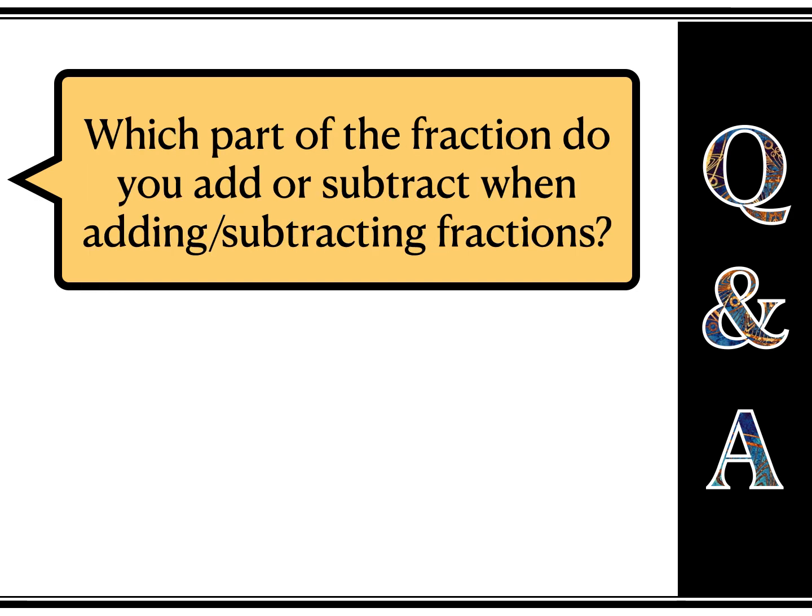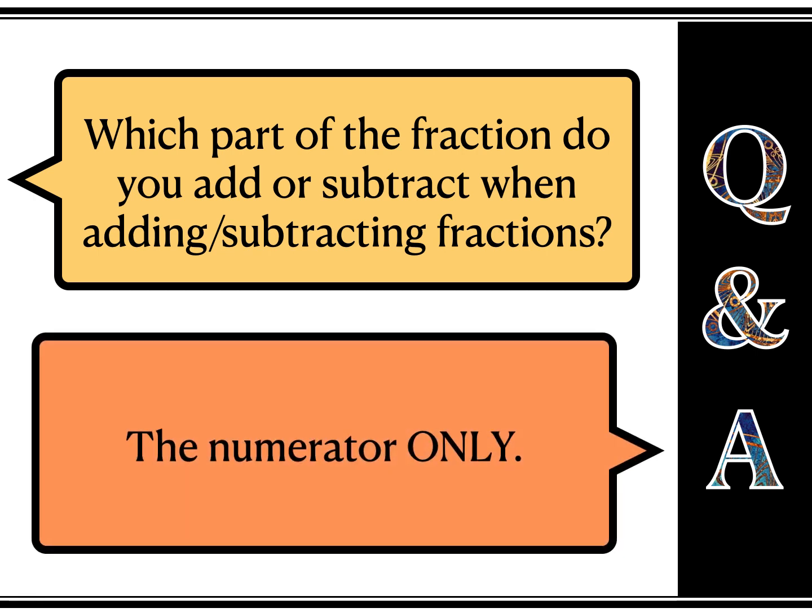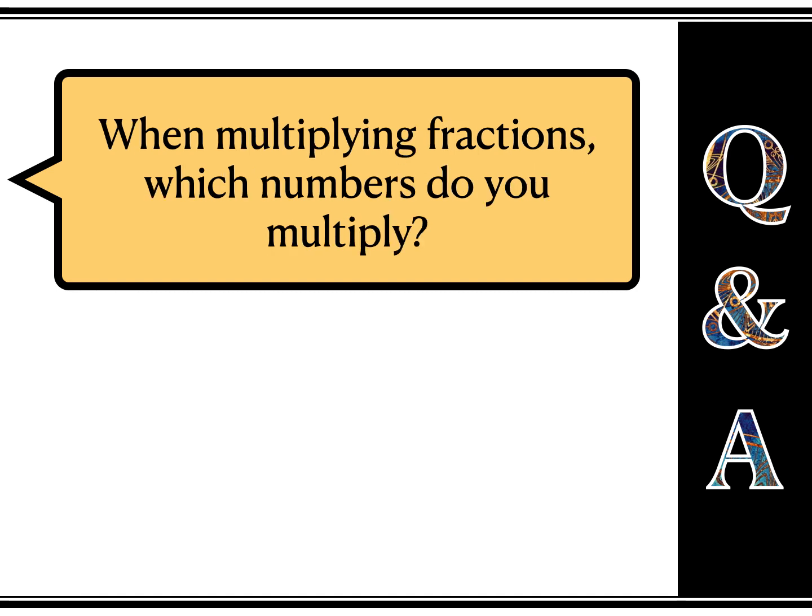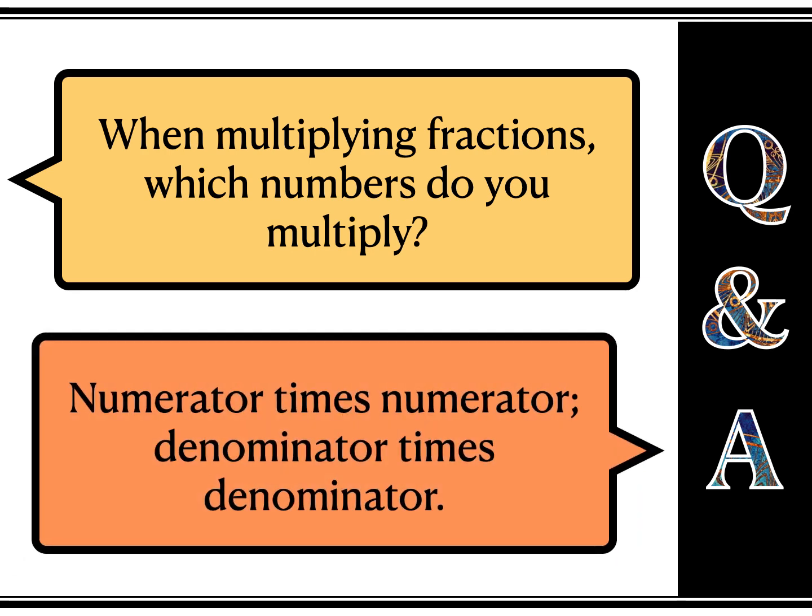Which part of the fraction do you add or subtract when you're adding or subtracting fractions? The numerator only. Don't touch that denominator. When multiplying fractions, which numbers do you multiply? Numerator times numerator, denominator times denominator. Go straight across.